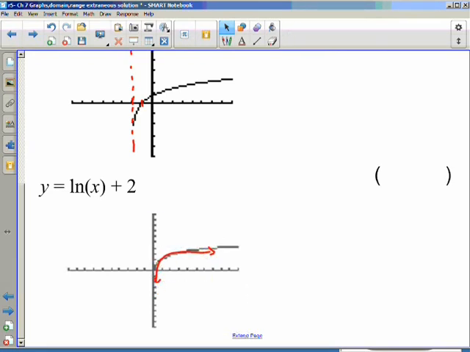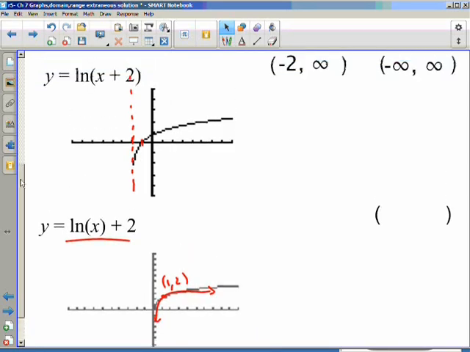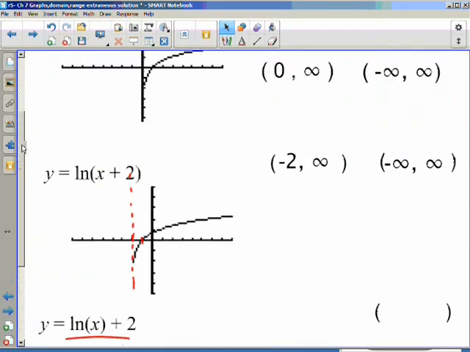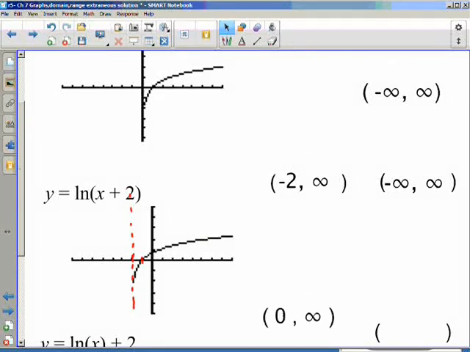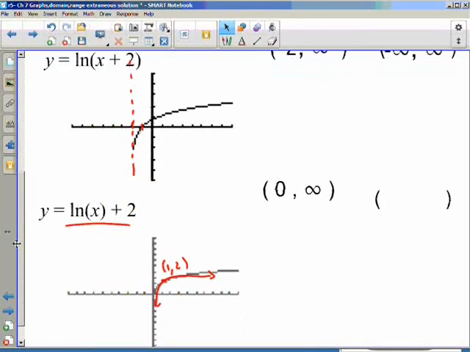And if you were to look at that then, this point 1, 2, rather than 1, 0 exists on this transformed graph. But anyway, the domain in this case is unchanged. And the range is going to be unchanged as well.